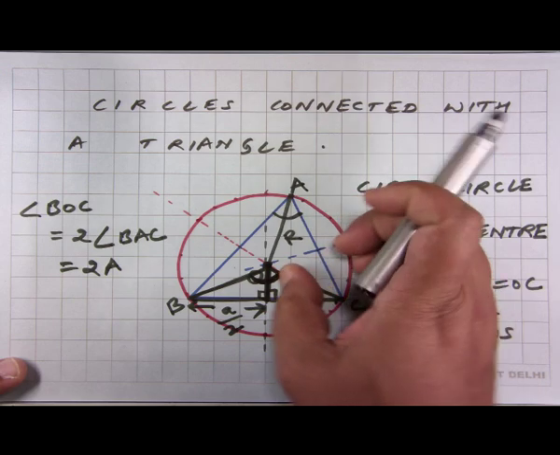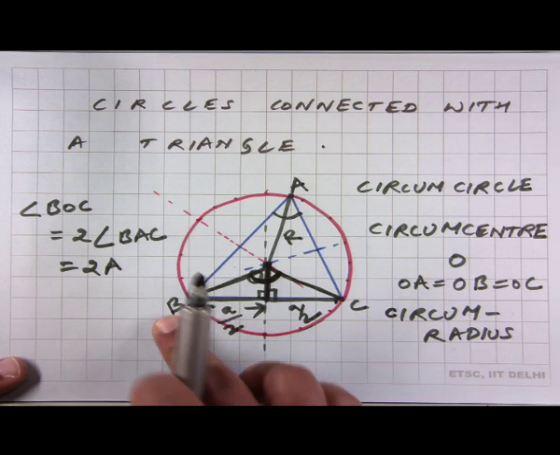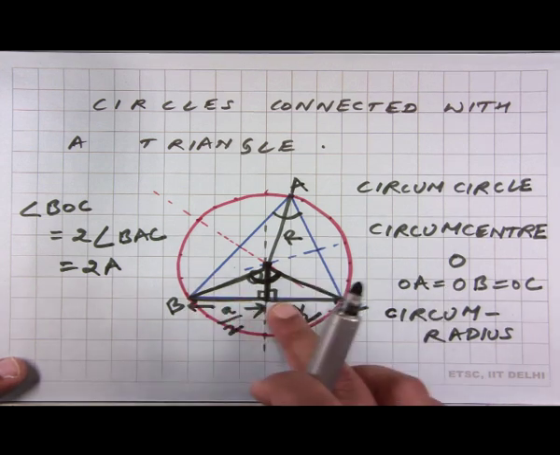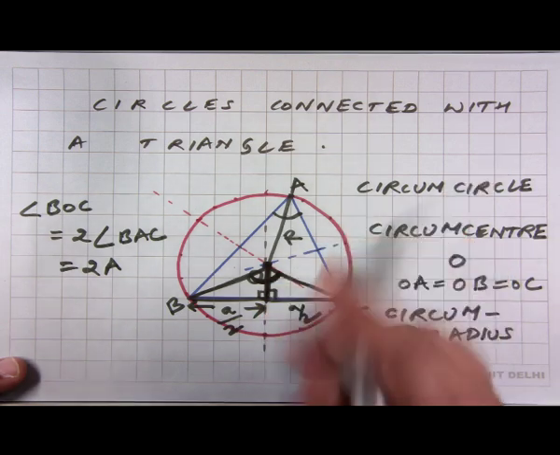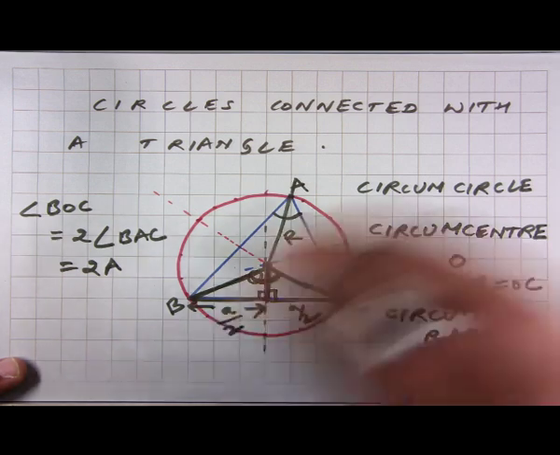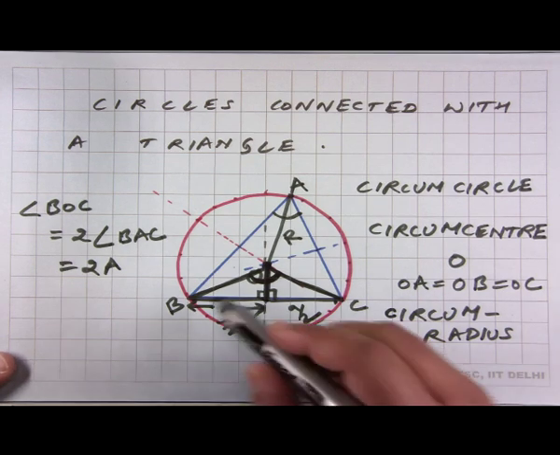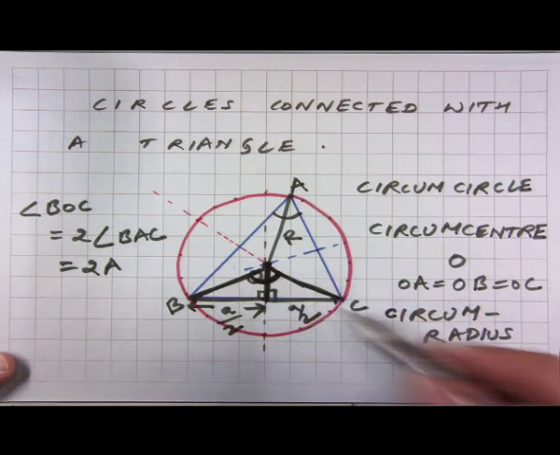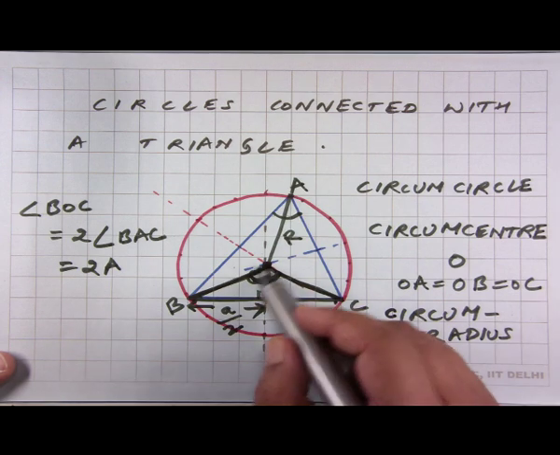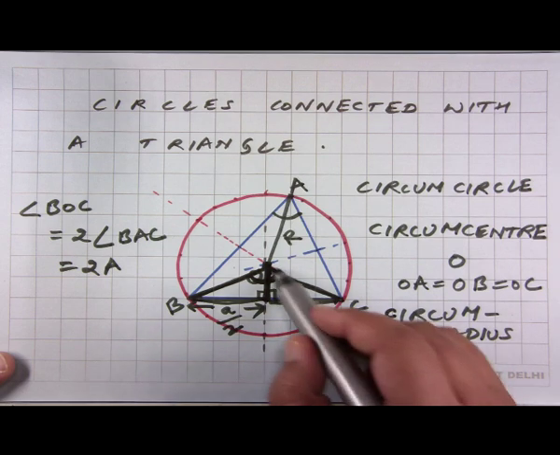That is because this black dotted line was a perpendicular bisector of BC. So, these two sides are equal, we have a side in common, and this of course is the radius of the circumcircle, and therefore even these two sides are equal, and hence this right angle triangle is congruent to this right angle triangle.